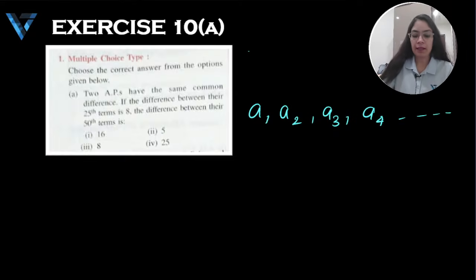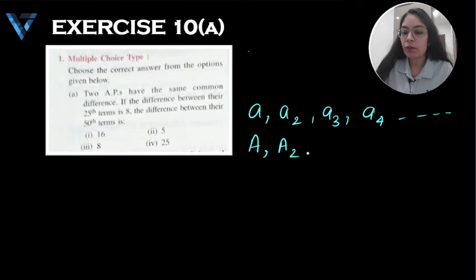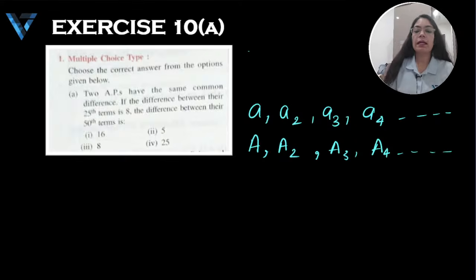Like this we write any sequence. This is how we write any arithmetic progression. Here two APs are there, so let's write them differently. The first AP, let it be like this. The second AP I can write with capitals, A2, A3, A4, and so on. Because two sequences are there, I have just written them differently.